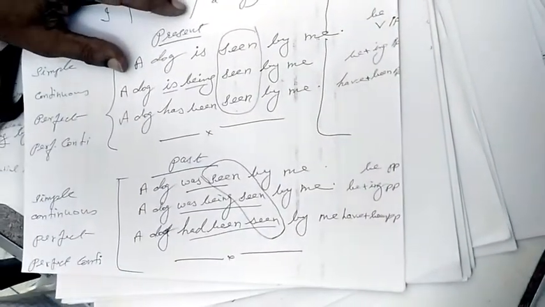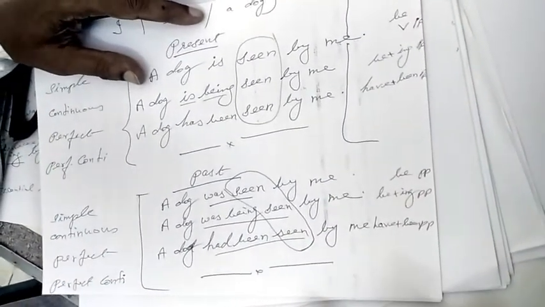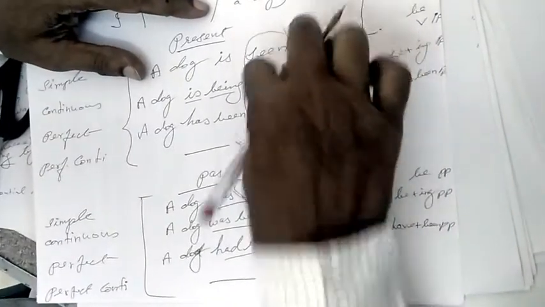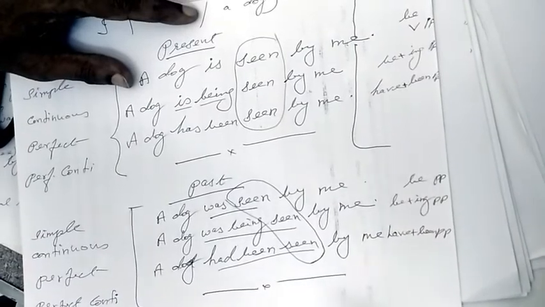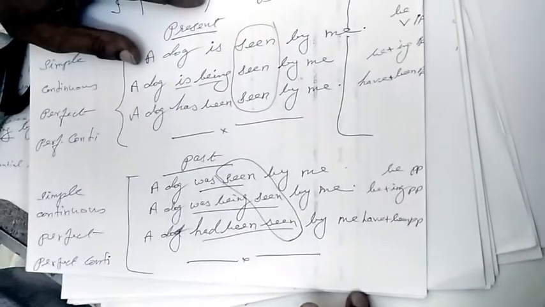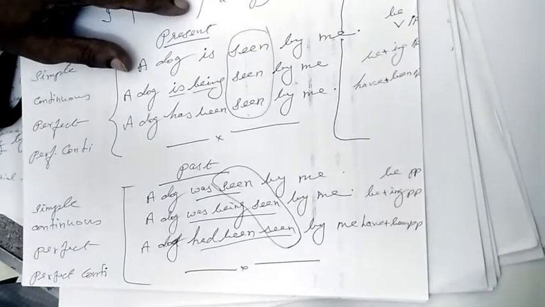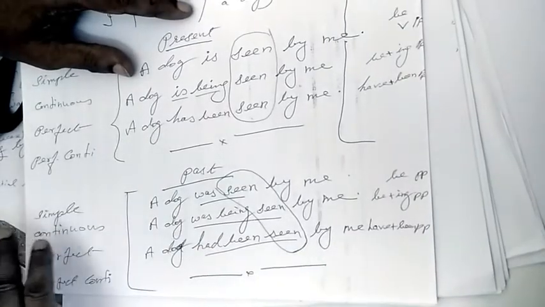So when it comes to the tense structure, no change, it remains constant. Only remember this past participle here, that is the sign of passive form, just as the word will or shall is used in the case of future tense as the sign of future form.